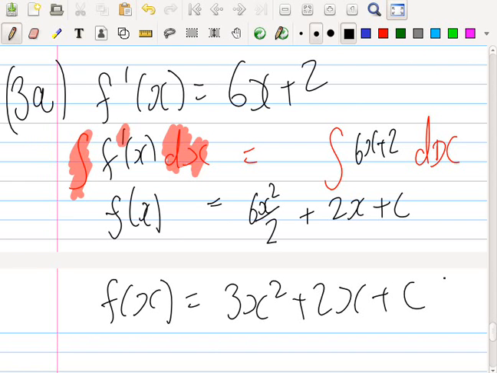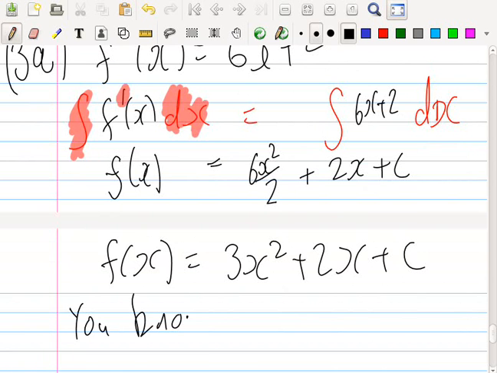But in this question here, there is a way to find the c because I give you an extra piece of information. Have a look at the question. What else do I tell you?